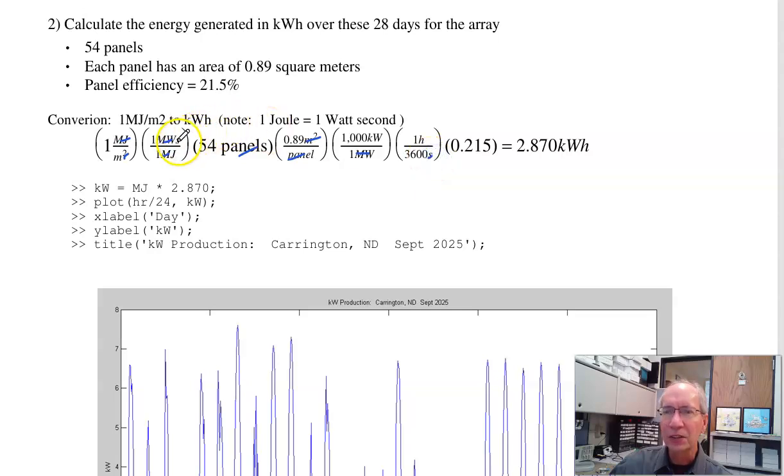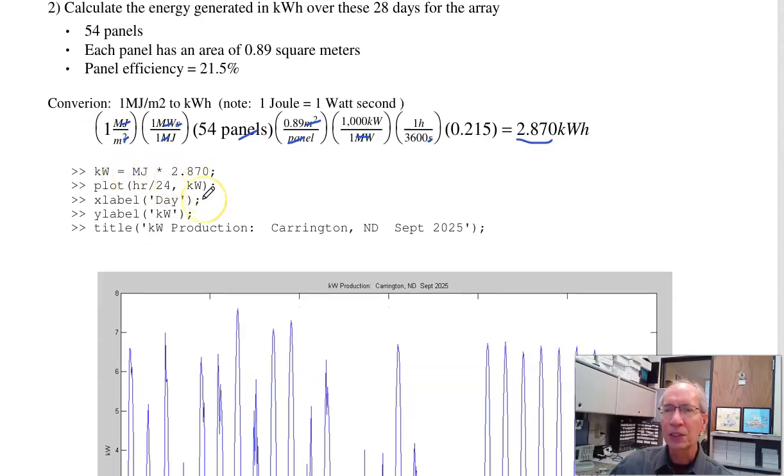The seconds cancel. And that's at 100% efficiency. At 21.5% efficiency, I get 2.87. So 1 megajoule is 2.87. That's my conversion factor. Just multiply the megajoules by 2.87. That's how many kilowatts these solar panels should be producing. So let's do that conversion and plot it.